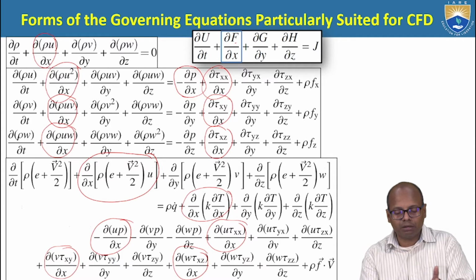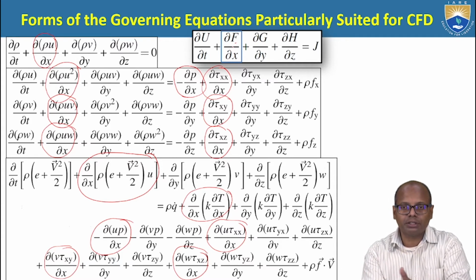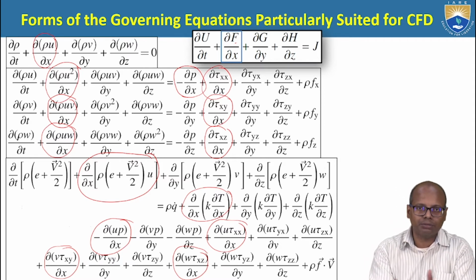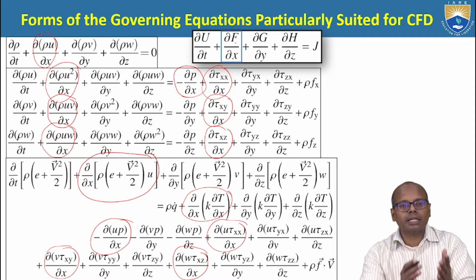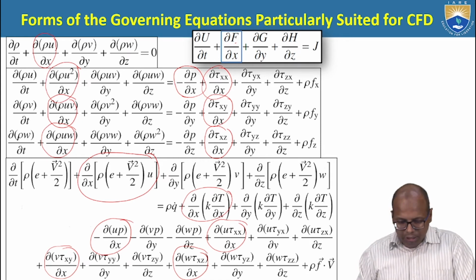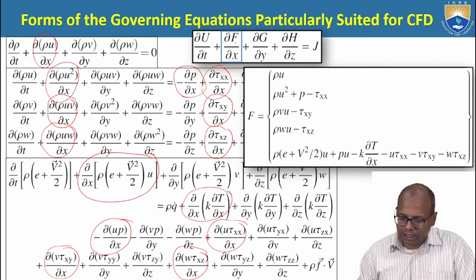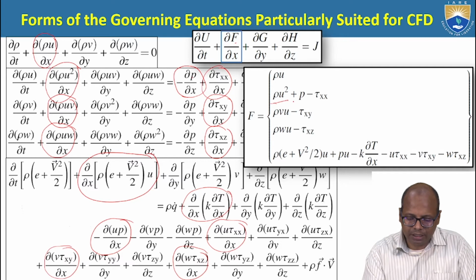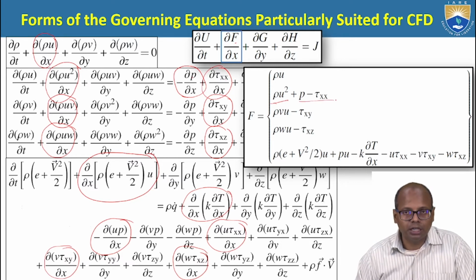Now, F is on the left hand side, so I have to bring all the right hand side terms onto the left hand side, and then I can arrange these terms in the form of a column vector. If I write all these things, it will look like this. So rho u squared plus p comes here, and tau xx comes to this side and becomes minus tau xx.